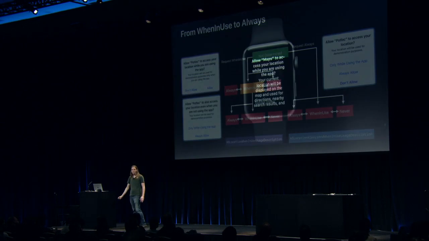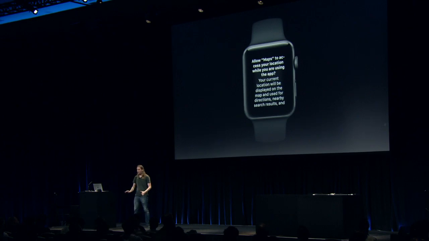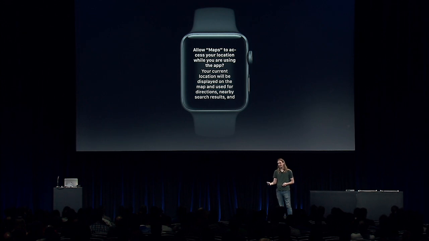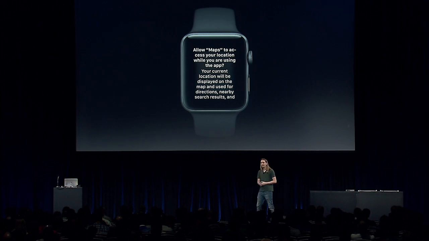Okay. Before we move on from authorization, I'm excited to announce that on watchOS 4, Core Location will support prompting for authorization directly on the watch itself. Previously, if you tried to request authorization, watchOS would alert the user that there's a prompt waiting for them on their phone, and they would have to go over to their phone and respond to it there.